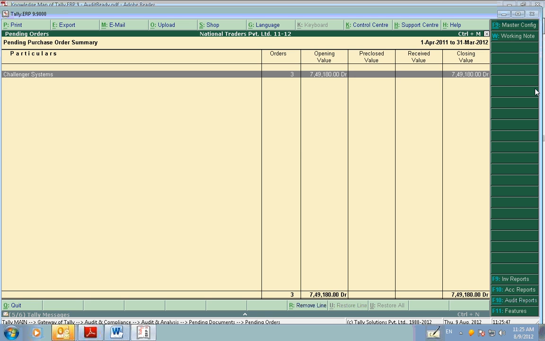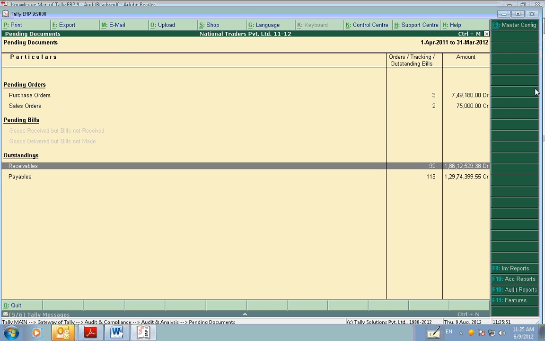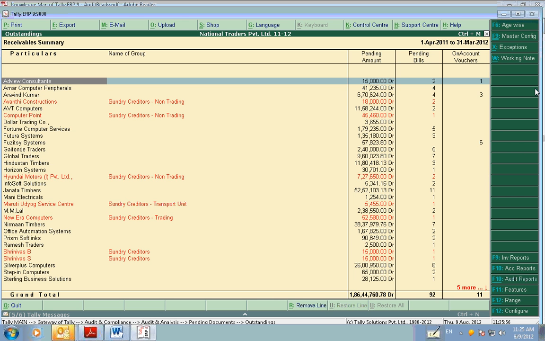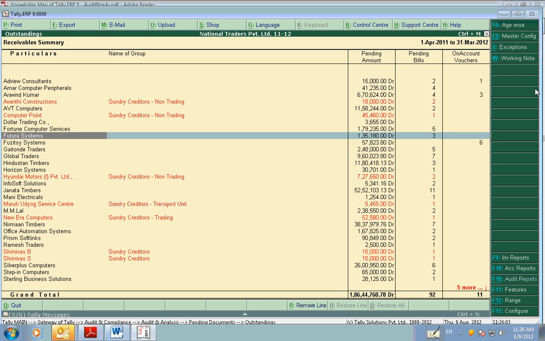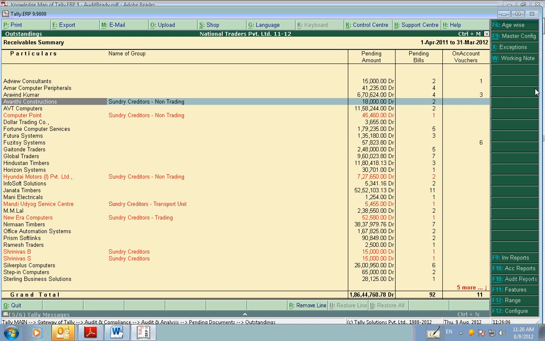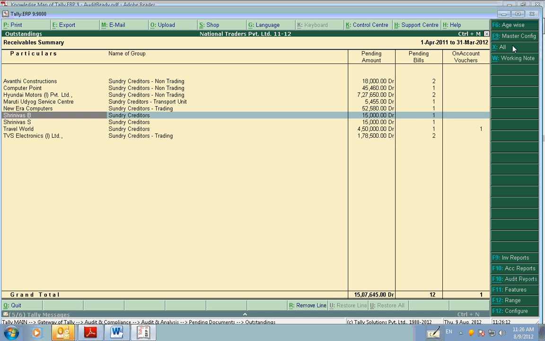Similarly, when we talk about the receivables, which is a very focusing thing and a very tedious thing, having to follow up continuously to get the payments and all that. So here, again, we can see we have some amounts pending for longer, having debit balance and all that. Here, still we have an option to check on these exceptions. So why are they not paid? Why are they not received?